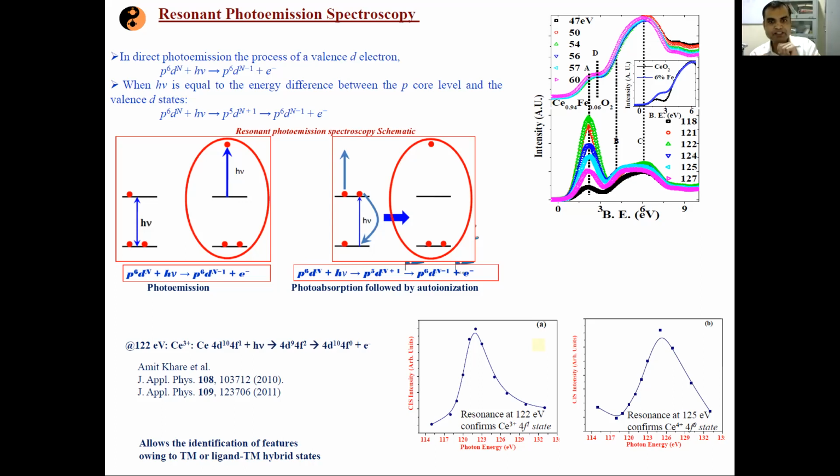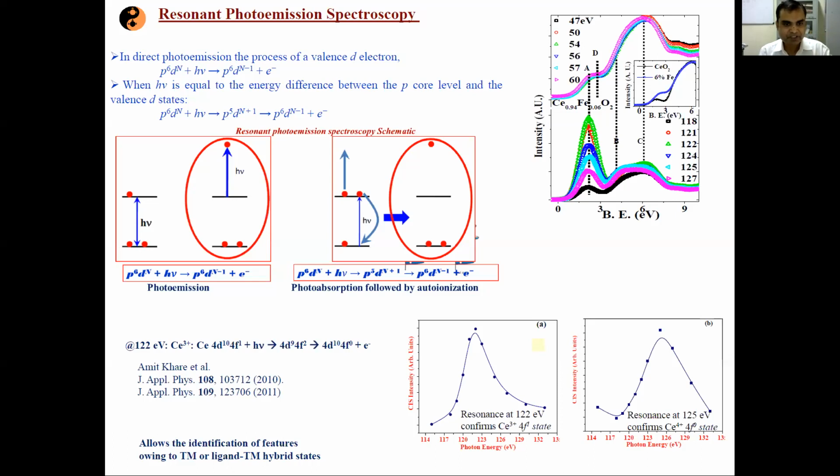So two possible channels are available at that photon energy, which means the photoabsorption cross-section considerably increases, or the probability of photoemission at that photon energy considerably increases. That means the intensity of the photoemission at that photon energy should be considerably higher than at other incident photon energy values of the valence band spectrum.